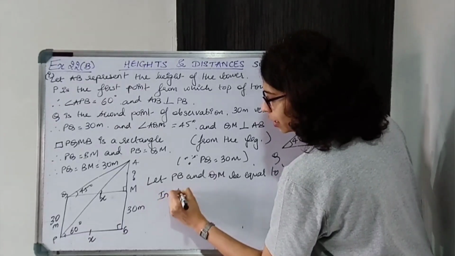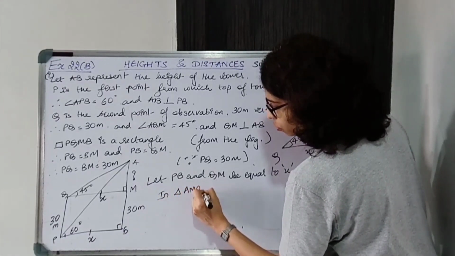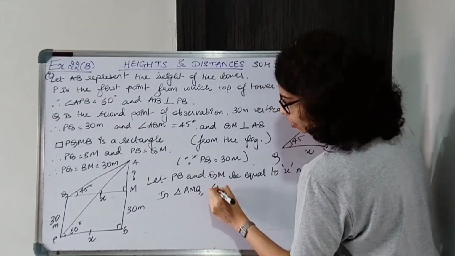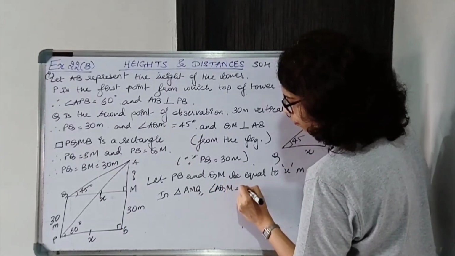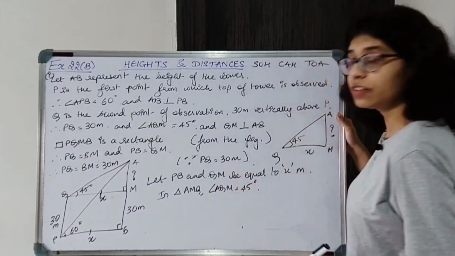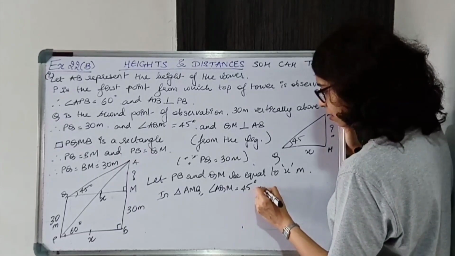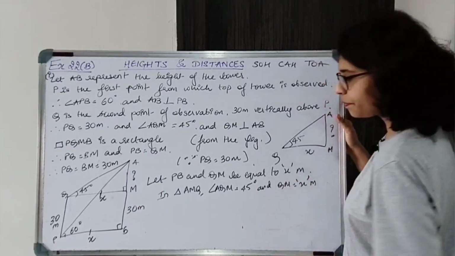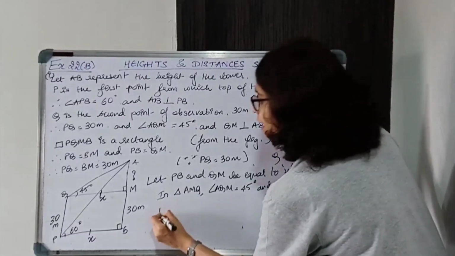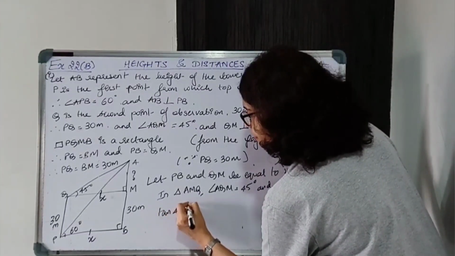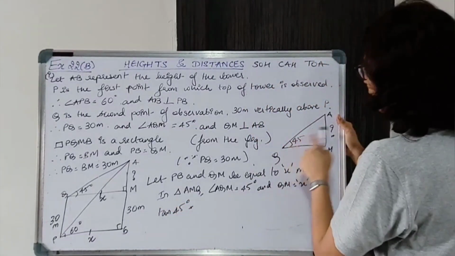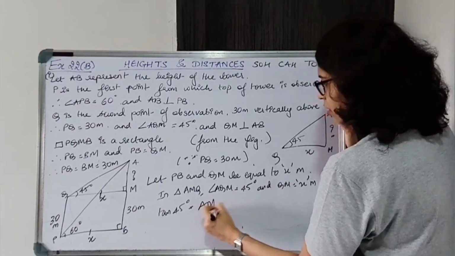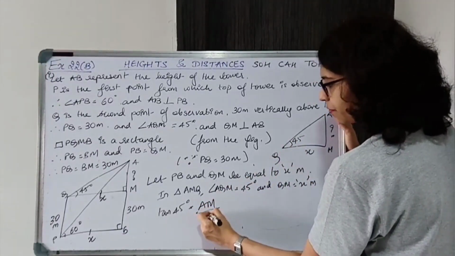So in triangle AMQ, angle AQM is equal to 45 degrees. Just write down the given information. And QM is equal to x meters. ठीक है. Now tan 45 is equal to angle का opposite upon adjacent.